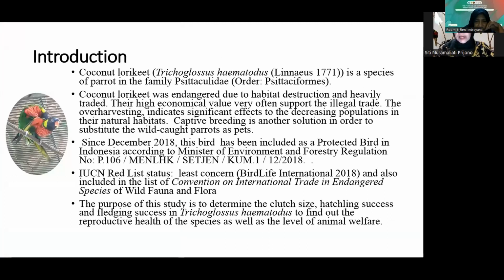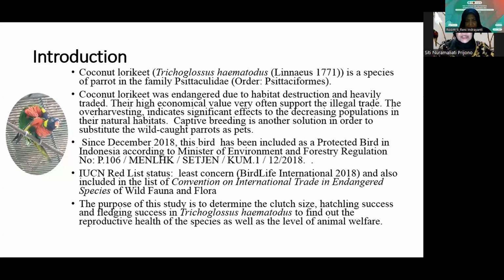Captive breeding is another solution to substitute wild-caught parrots as pets. Since December 2018, this bird has been included as a protected bird in Indonesia. The IUCN Red List status is Least Concern, and it is also included in the list of the Convention on International Trade in Endangered Species of Wild Fauna and Flora.